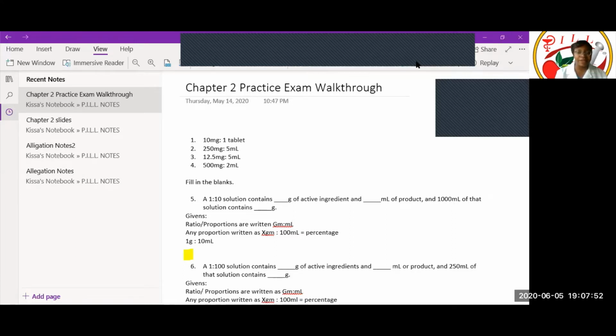So our givens are, we do know that ratio proportions are written in grams per milliliter. Any proportion that's written as an unknown gram per 100 milliliters is equal to a percentage. That is not relevant to this equation just yet, but that is given information that we already know. You're just writing down information that you know based on what this problem is talking about.